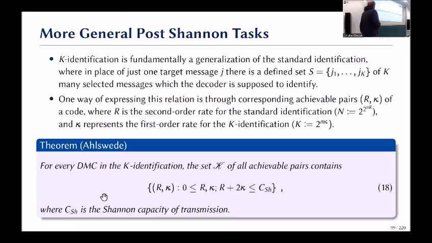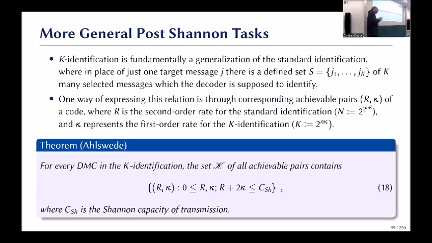K identification is a generalization of the standard identification. Instead of one target message J, we define a set S, with J1 to JK. So K many selected messages which the decoder is supposed to identify. Instead of being interested in one message, he is interested in K messages.